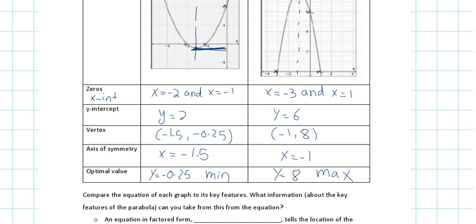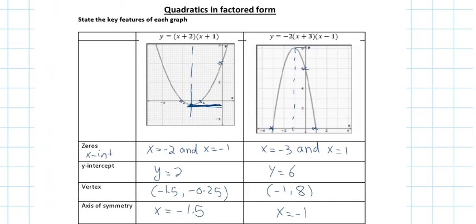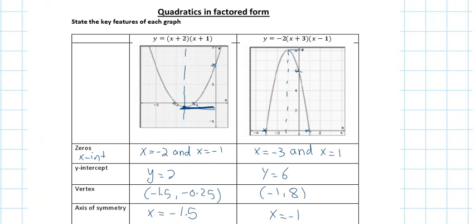Now, I want you to look at the equations on the top of the graph. If you look at these equations, what form are they in? Are they in standard form? Are they in vertex form?